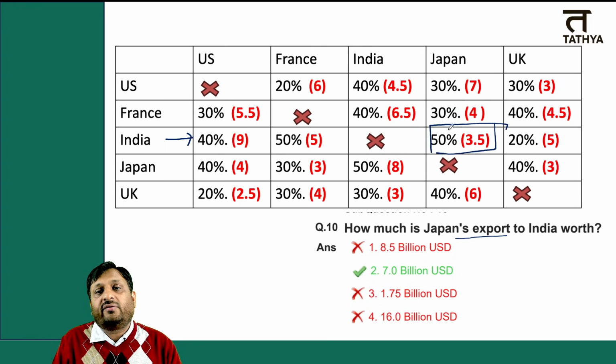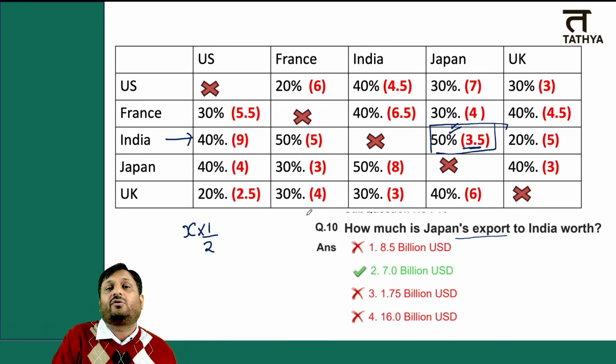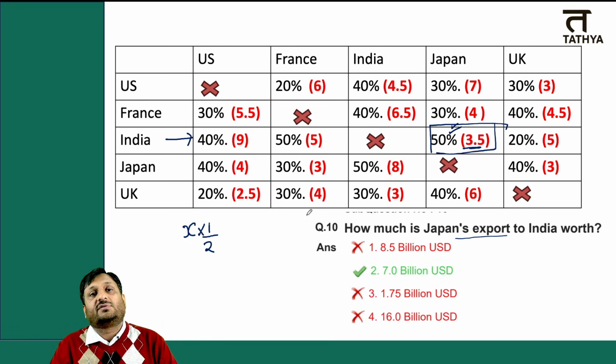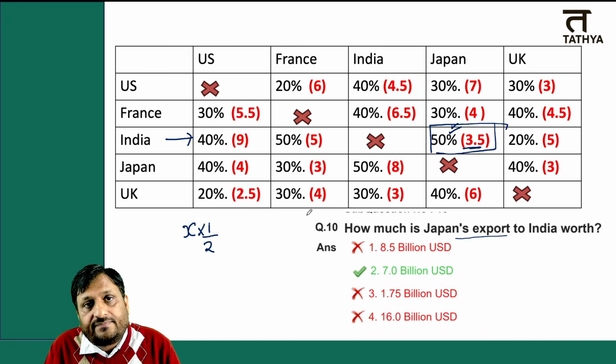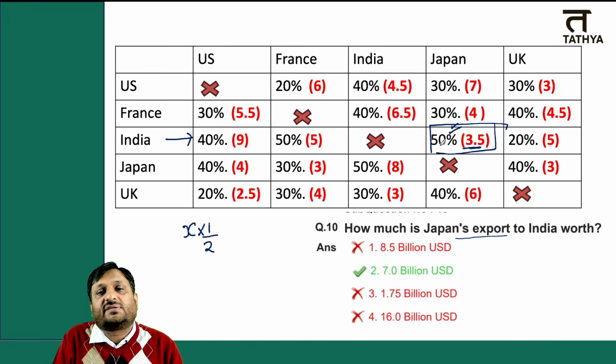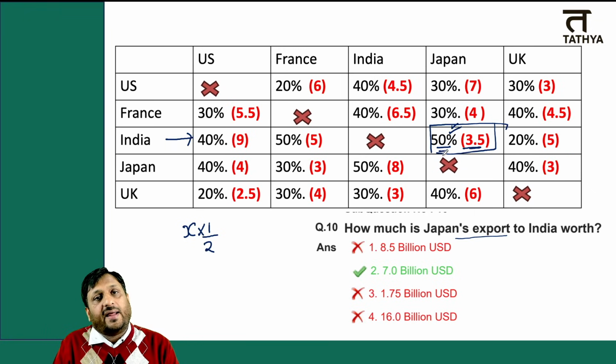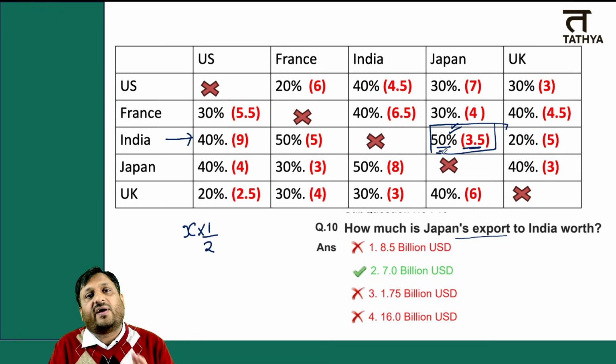India is charging a 50% tariff. So let's say the total import is worth X billion dollars. The tariff must be 50% of this, or you can say 1 by 2 of this. So the total worth which Japan exported to India, or India imported from Japan, let's say is X billion dollars. India has charged a 50% tariff over it, and that tariff is equivalent to $3.5 billion.